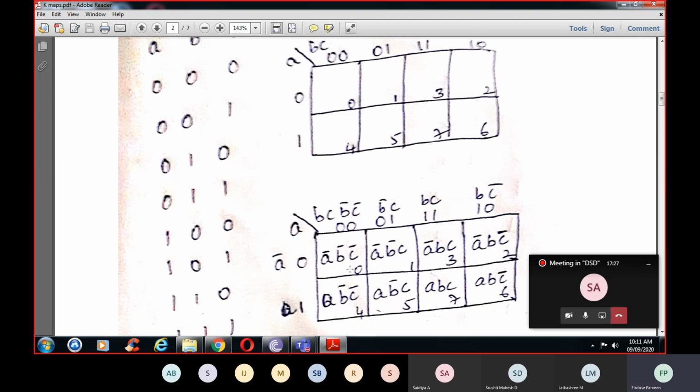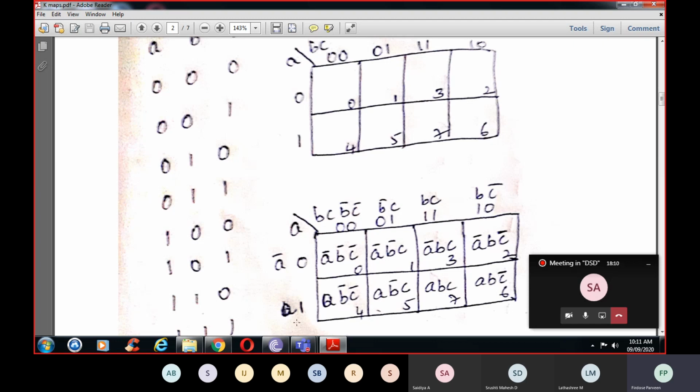So here what is it? 0 represents A bar, B bar, C bar. 1 represents A bar, B bar, C. 3 means 0 1 1, so it is A bar, B, C. Corresponding row, corresponding column: this is 0, this is 1 1, so 0 means A bar, 1 1 means BC, so A bar, BC. 2 means 0 1 0, corresponding row A bar, corresponding column B C bar.